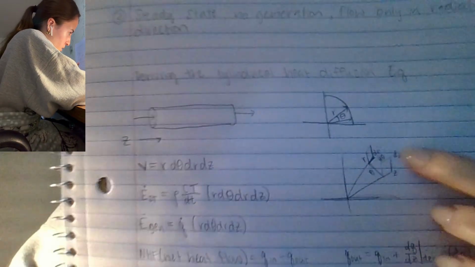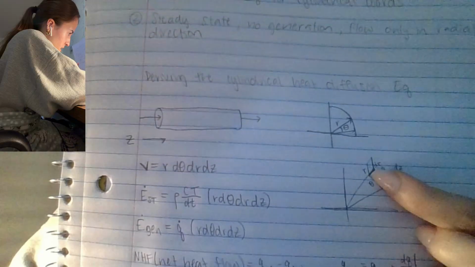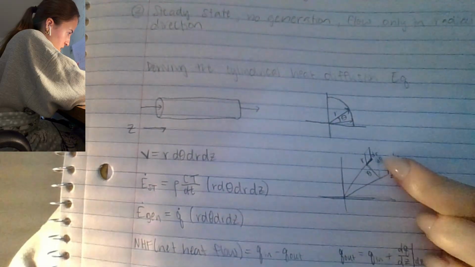So I'm going to do this for all three directions. So net heat flow in the r direction will be the negative dqr over dr. Pull out the negative d over dr to the front, negative k, plug in your Fourier's law, negative k, and since we're looking in the r direction now, our cross-sectional area will be made up of the dz d theta term, because now we're looking at how this r is changing, so this direction is changing, so that'll be made up of the d theta times the dz.